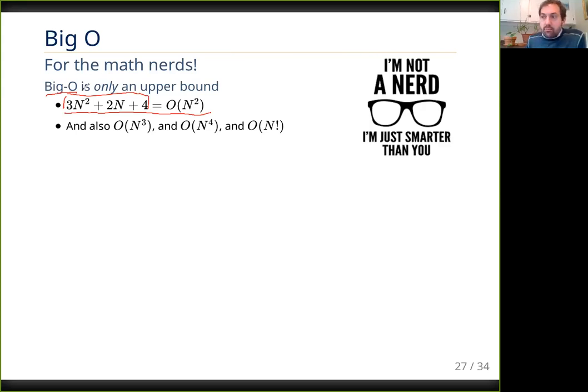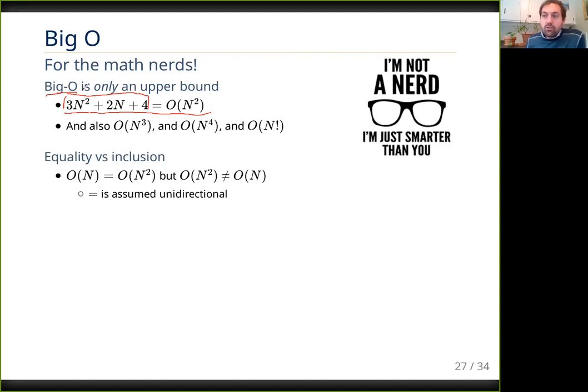Another thing that we have to be careful about as well is the notion of equality. So we can say that big O of n is big O of n squared. It goes in that direction because n squared is an upper bound to n. Now the opposite is not true. Big O of n squared is not big O of n because it only goes in that direction.